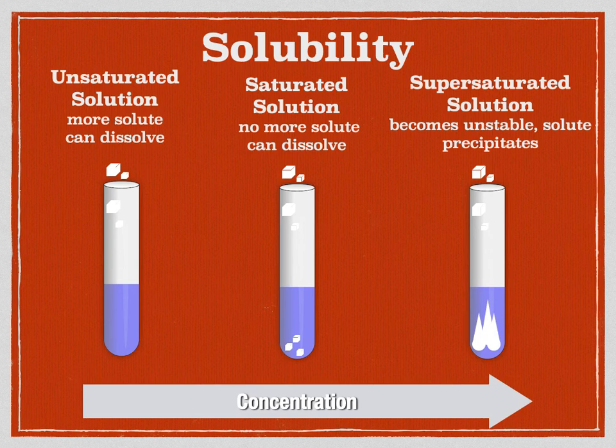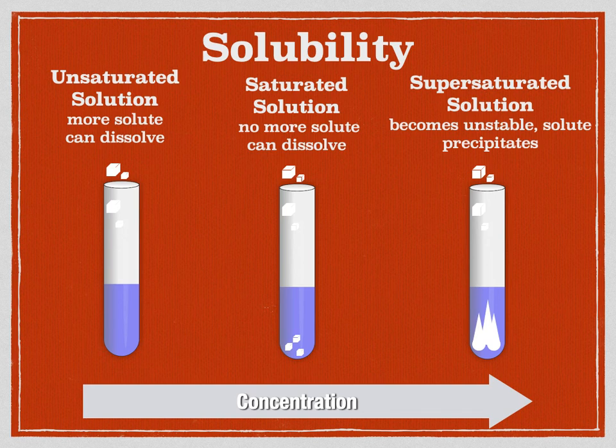It will have one phase. With a saturated solution, however, if we add more crystals to a saturated solution, those crystals are going to fall to the bottom. And they're not going to dissolve, and you're going to have a heterogeneous solution where you're going to have solid at the bottom and then your solution above that.